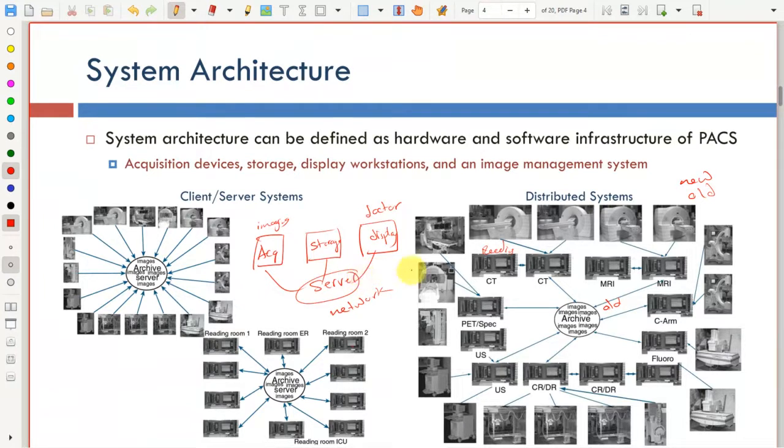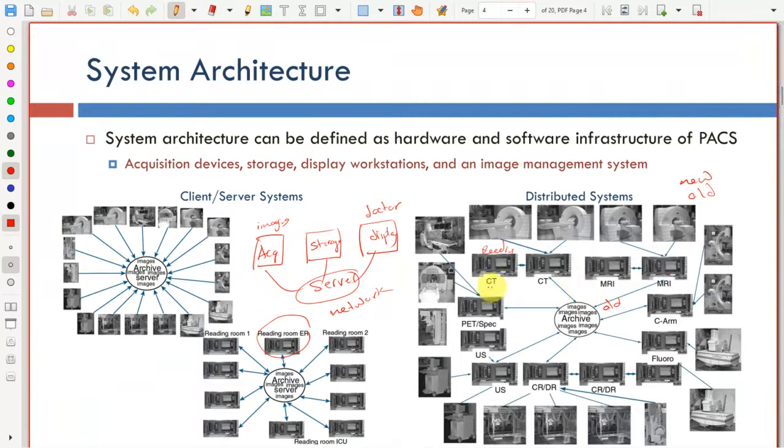Okay. Here, it's definitely much faster because the connections are direct. But if you look at the architecture here, any reading room can read any imaging modality. From this reading room, for example, you can look at any one of these modalities, any data set from any one of these images. You can look at MRI, CT, or ultrasound, regardless of the modality, and read it from any one of these reading rooms.